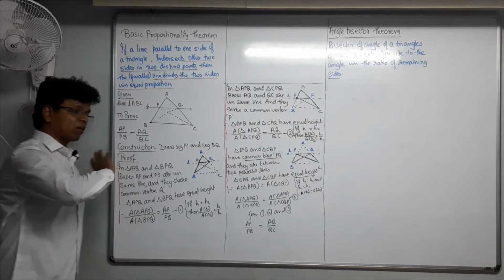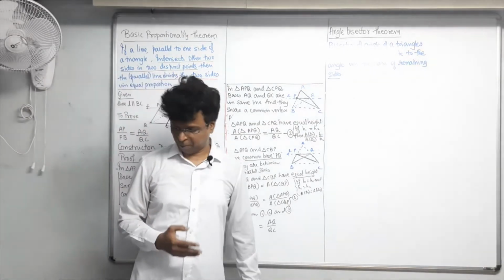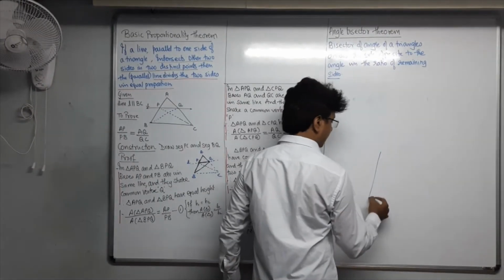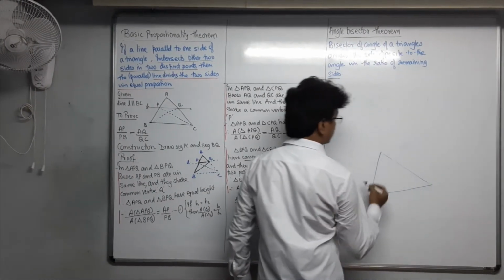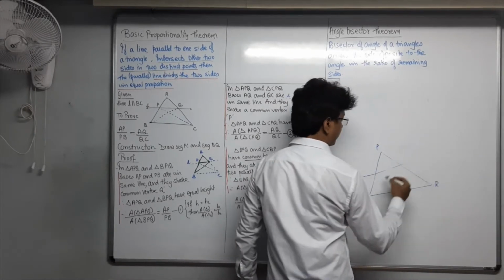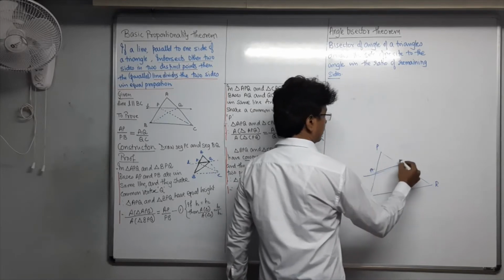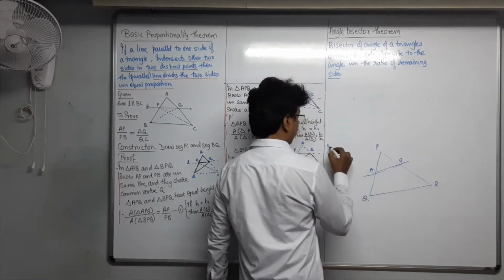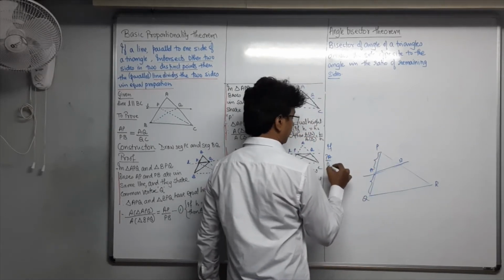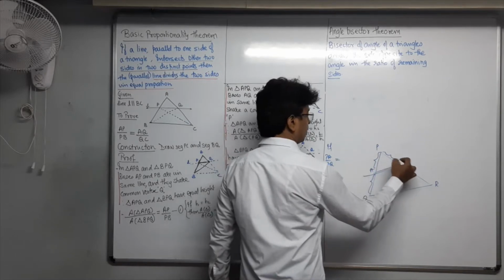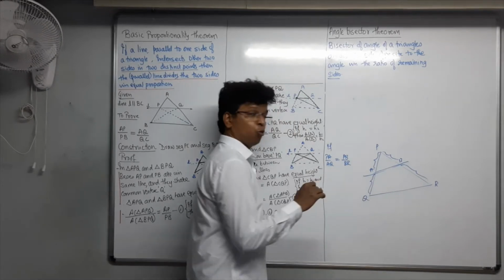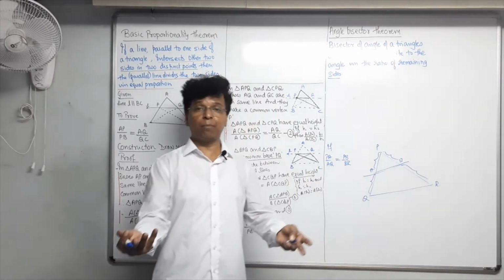And of course, the converse of basic proportionality theorem. What will be the converse of basic proportionality theorem? Converse means, actually speaking, if I happen to get, in triangle PQR, with A and B on the sides, PA upon AQ is equal to PB upon BR, this is true, this is given to me, or I prove it by any way.